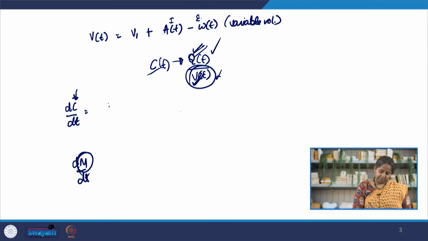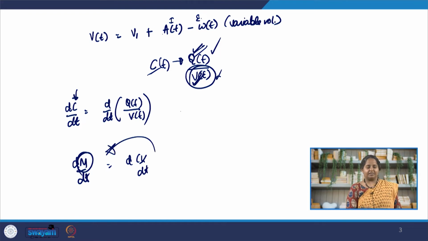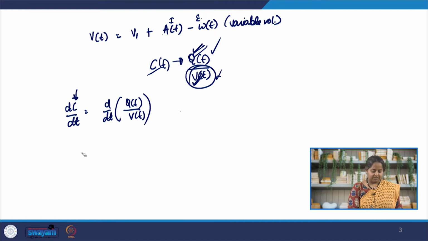Here we can say dC by dt is basically how flow is changing with time and how volume is changing with time. Both need to be accounted for. So, instead of being dCV by dt, which here is a product, we are interested in the rate at which flow is changing and the rate at which the volume of the slurry tank is changing with time. Okay, so let's expand this using basic differentiation that we know.